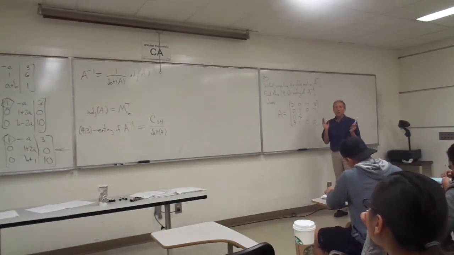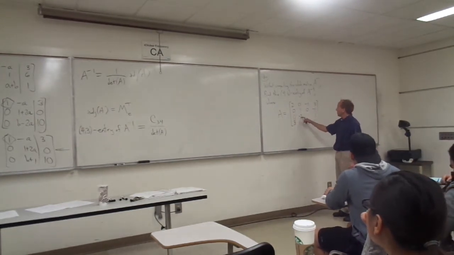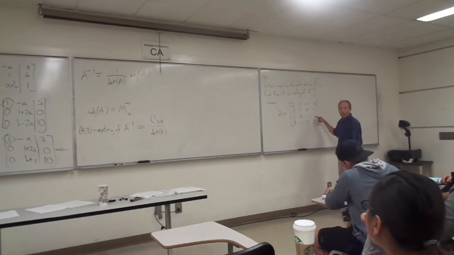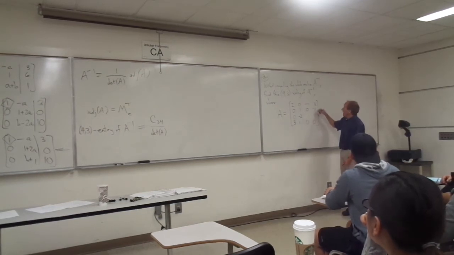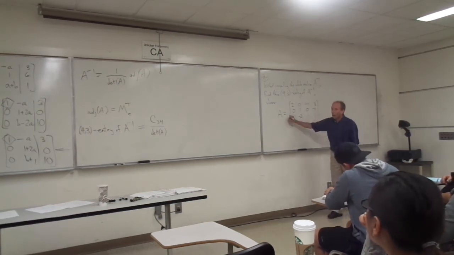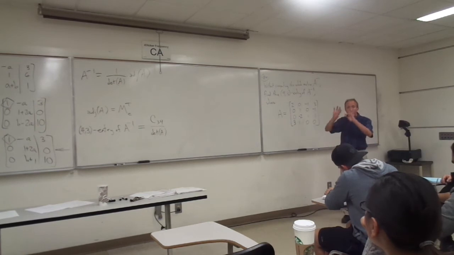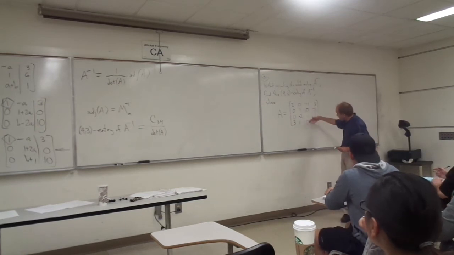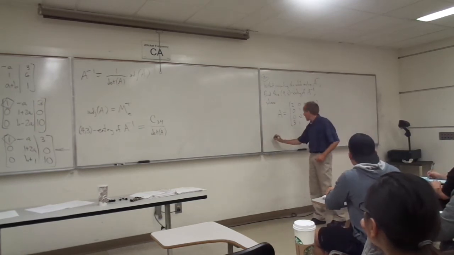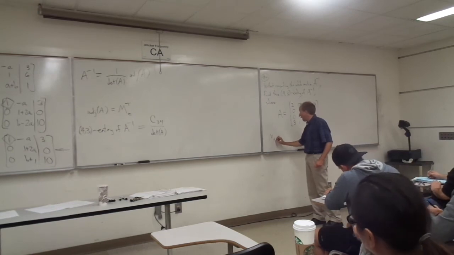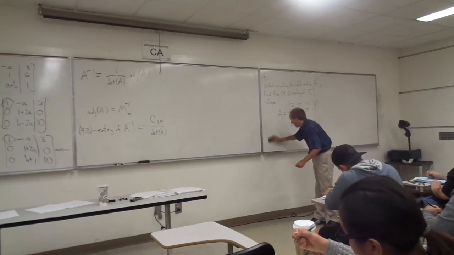So remember how we do that. We go to row 3, column 4, that's this entry right here. And we cross off that row and column. Then we take the determinant of the 3x3 submatrix after we cross off that column. That's what's called the 3-4 minor. Maybe let me write it over here.